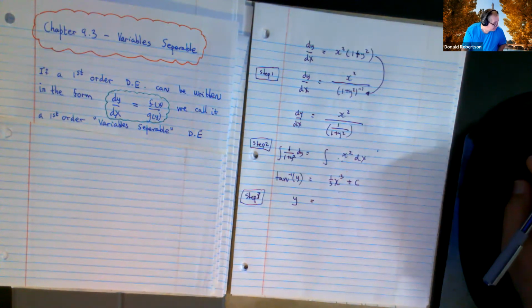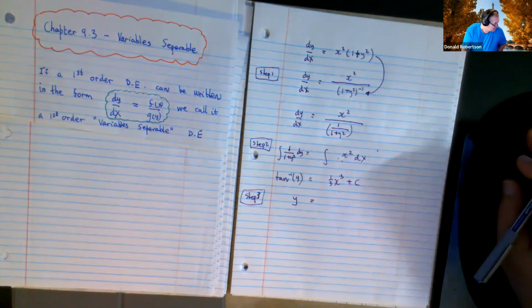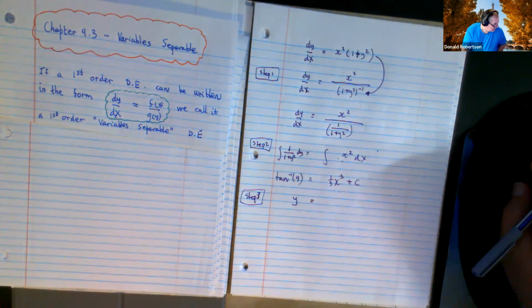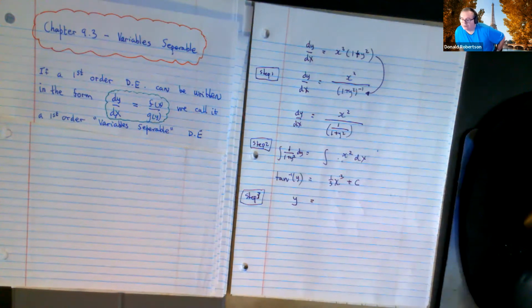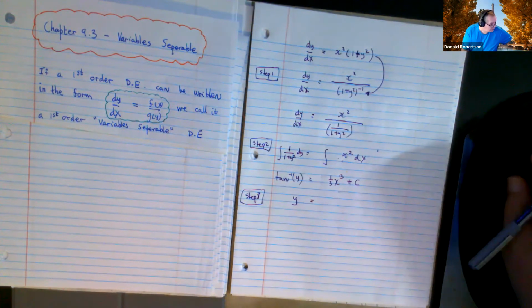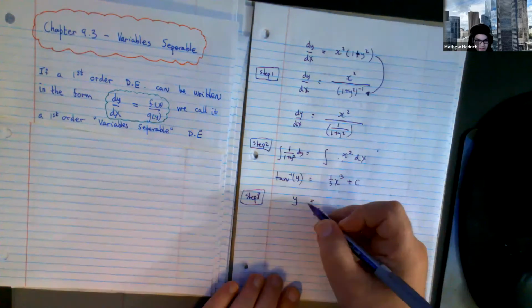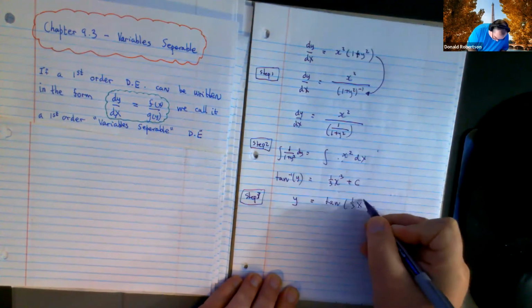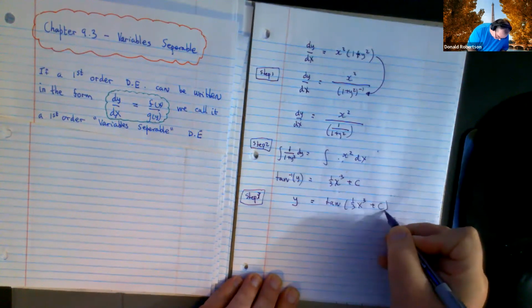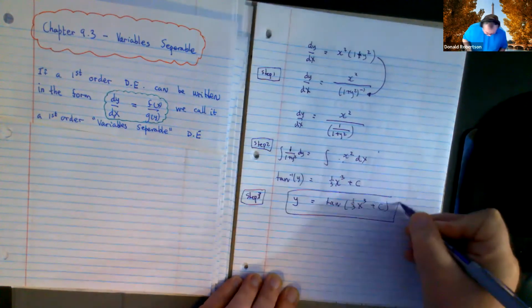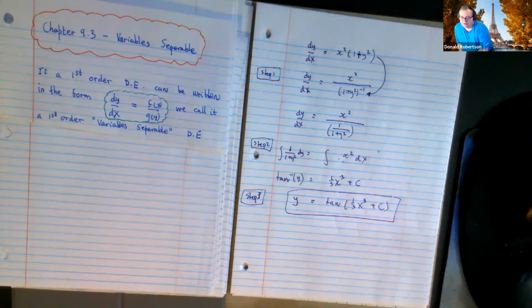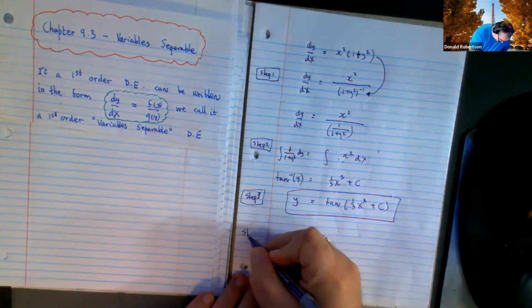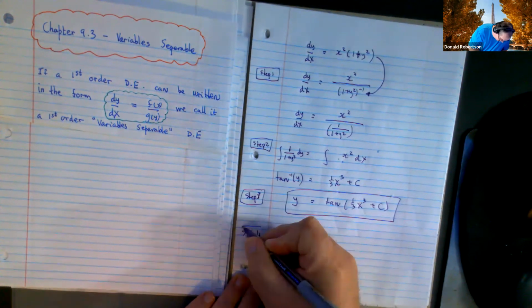What could you do to both sides to get y on its own? Tangent. Yeah. So if you take the tangent of both sides, you know that rule, as long as you do it to both sides, it's okay. There you go. Step 3 is over.